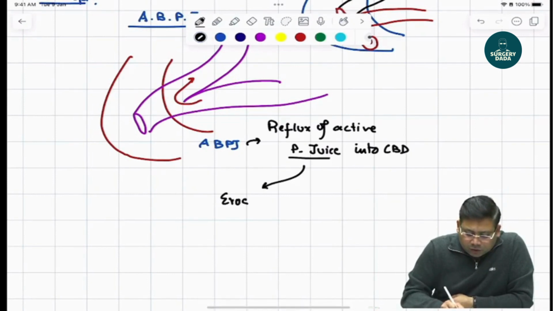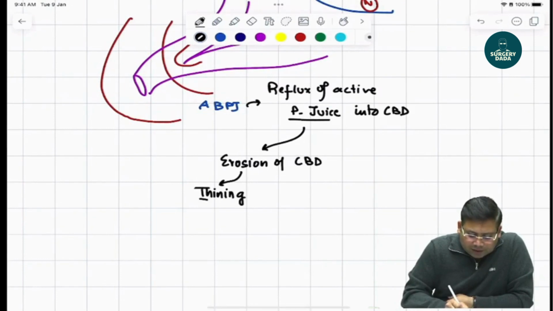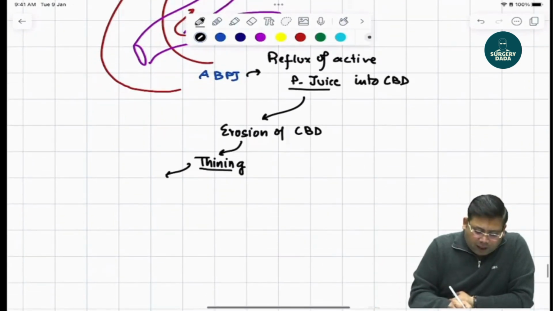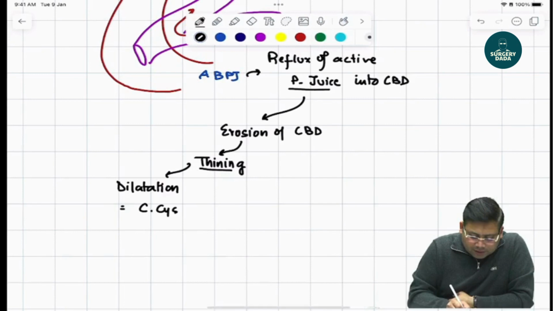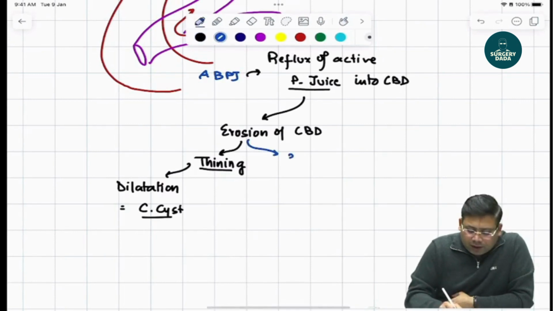There is erosion of CBD. The moment there is erosion of CBD, there will be thinning of the CBD. The moment there is thinning of the CBD, what will happen? There will be dilatation, and this is the reason for what, students? Choledochal cyst. This is one thing. Remember, whenever there is erosion of CBD, what happens?